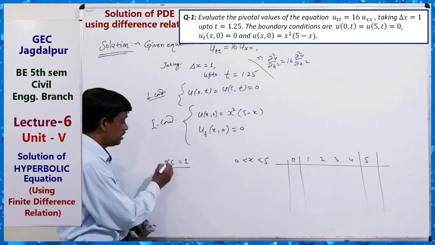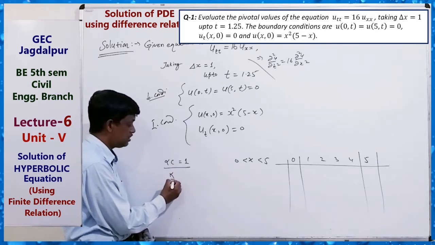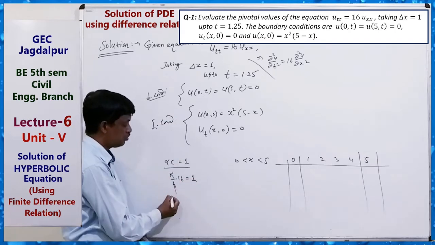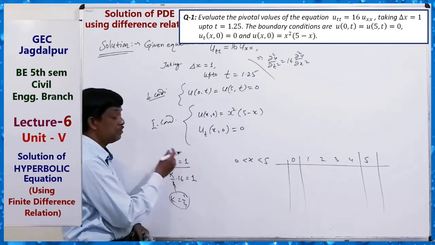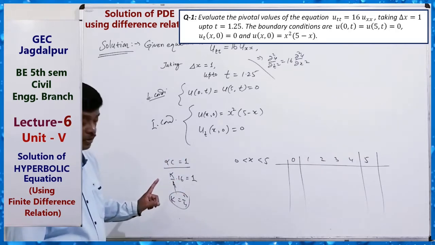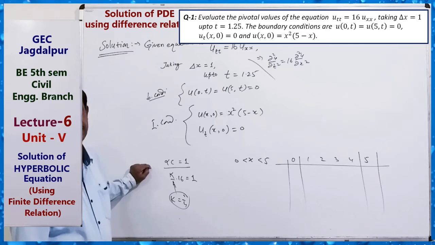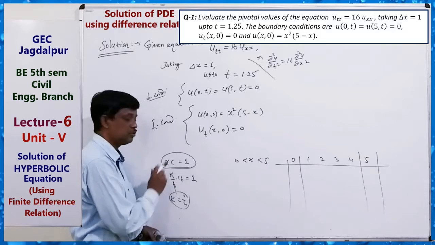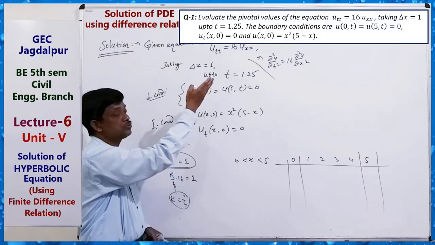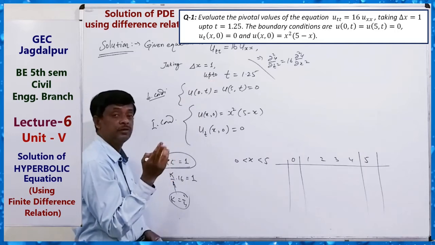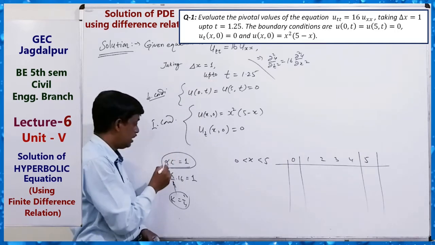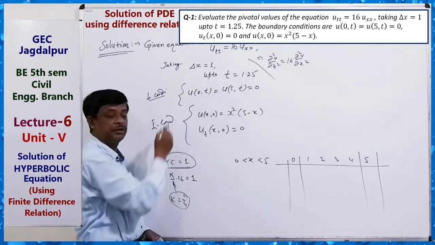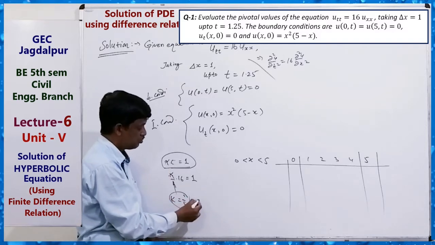Alpha equals k by h, so k by h times c, 16... c equals 4, h equals 1, so k equals 1 by 4, that is 0.25.